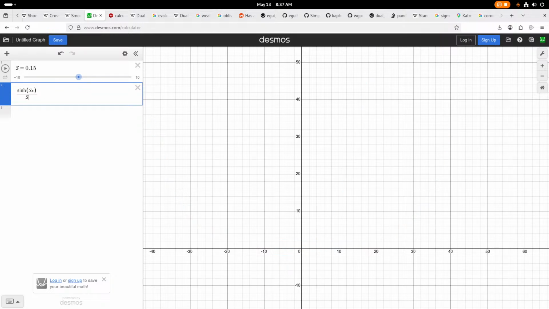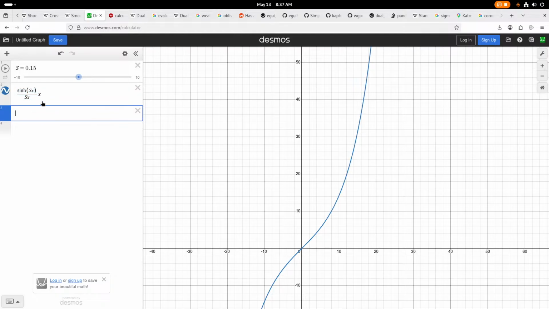That's so interesting. For some reason I didn't realize that. Okay, times x. So that's how x gets transformed, right? It's by this guy. Let's call this f of x, and that's our transform. Now what I want to know is the distance between f of x and f of x plus 1.